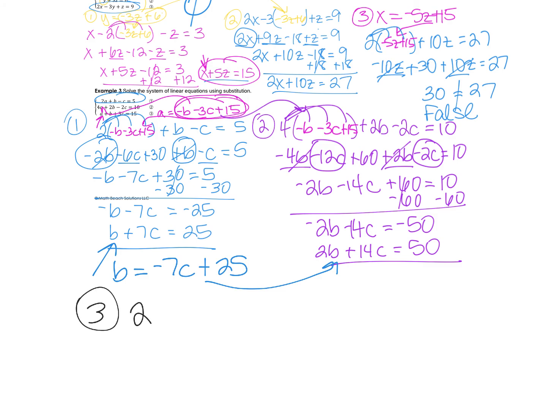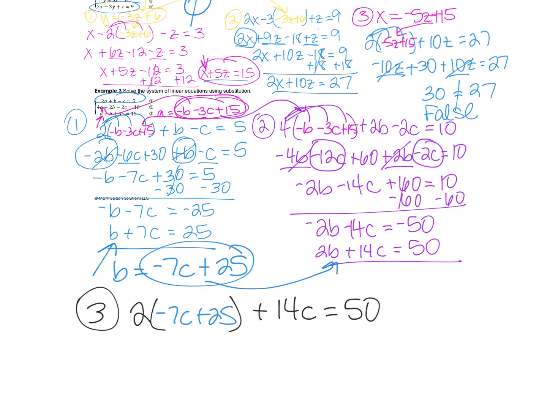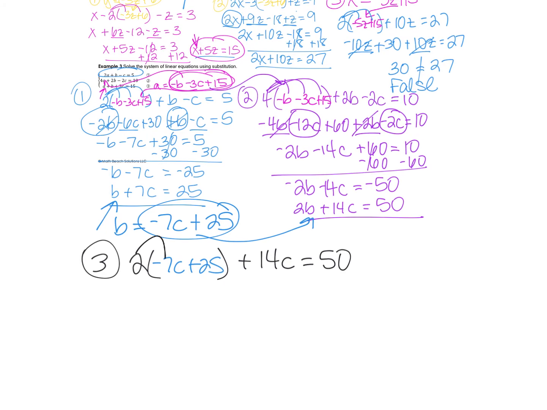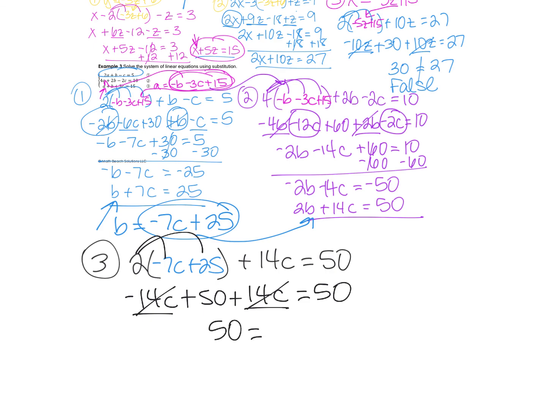So I'm going to have 2, and then I'm plugging in for B. B equals negative 7C plus 25. When we distribute, that's negative 14C plus 50 plus 14C equals 50. After we distribute, notice we can combine the C's. They cancel, they equal 0. Negative 14 plus 14 is 0. So I'm left with 50 equals 50.